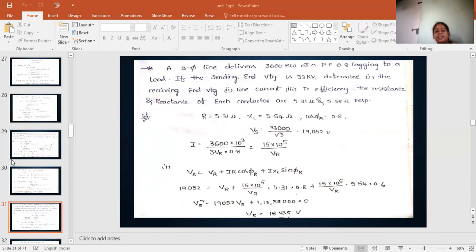The resistance and reactance of each conductor are given, and the sending end voltage is given, that is 33 kV, and the PR value and cos phi R value are given. So for finding the current value, firstly from the given data, R equal to 5.31 ohms, XL equal to 5.54 ohms and cos phi R equal to 0.8.